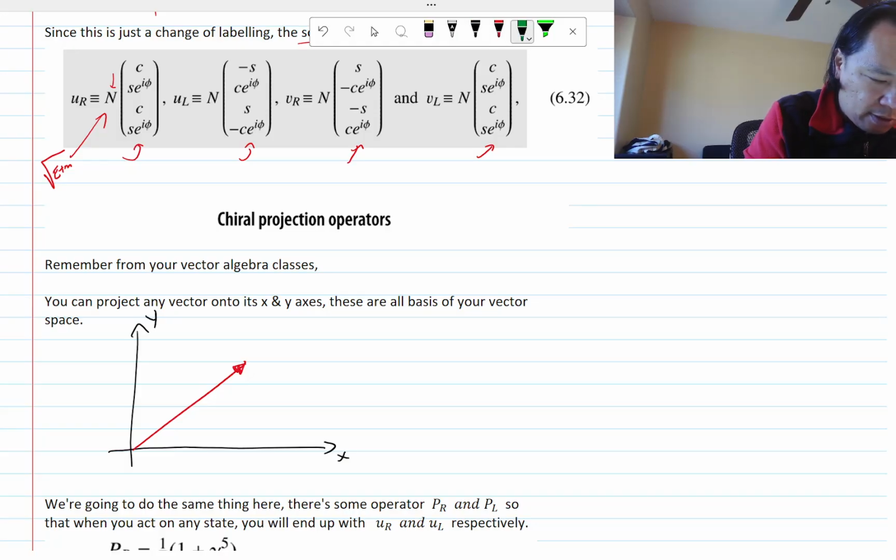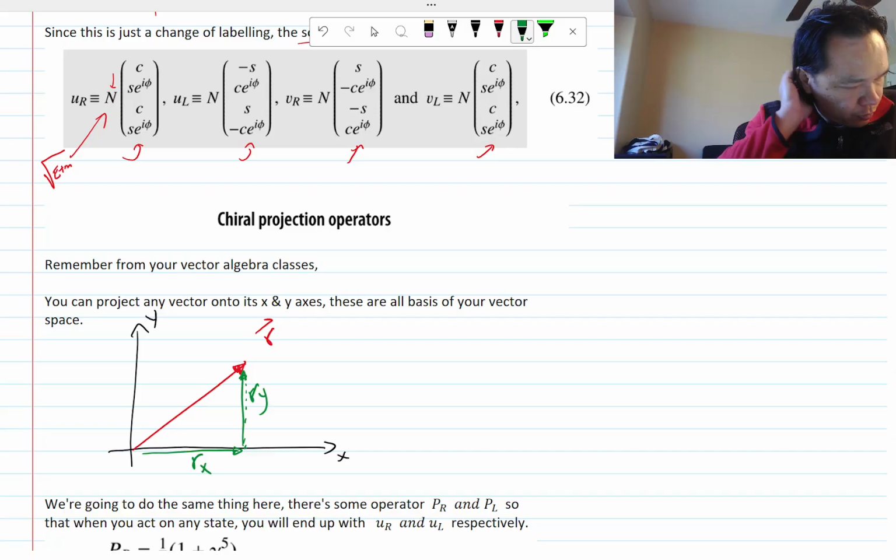What we can do is a projection along the x-axis. So let's call this the r vector, that way it's not confusing with the antiparticle stuff. The projection along the x-axis we call the x component, rx, and the projection along the y component we call ry.